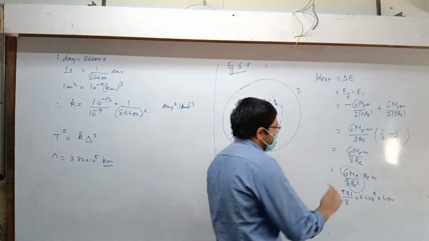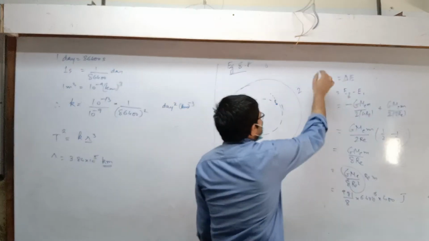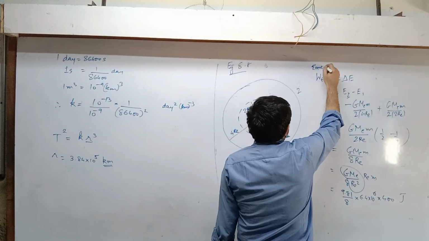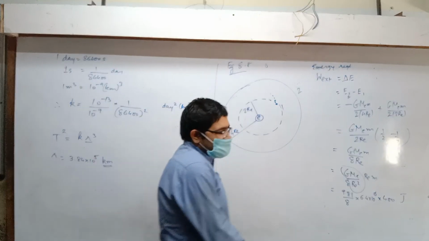The answer will be in joules. You can write energy required or external work required is this.